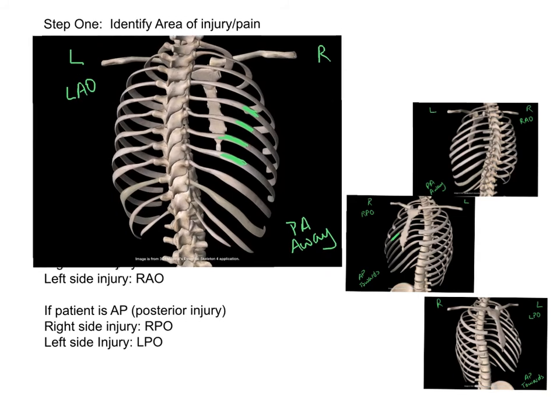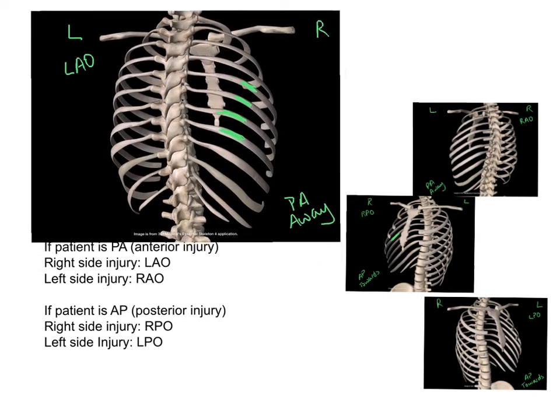If we are looking at an anterior injury on the right side, our goal is to get these spinous processes out of the way and we move them towards the left, which puts our left anterior side closest to the IR, okay, because our patient's already in a PA position.